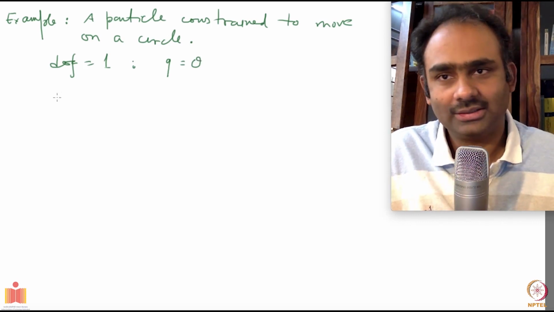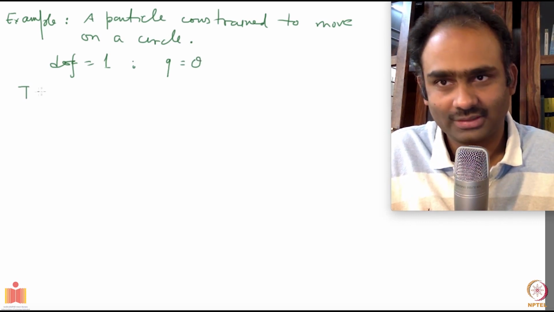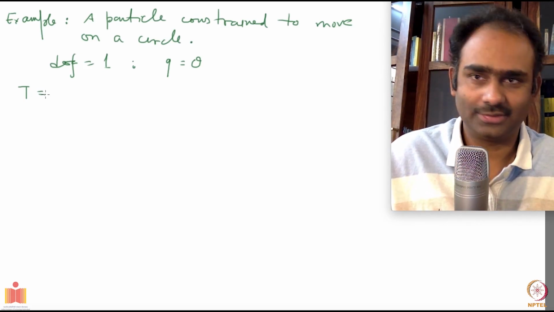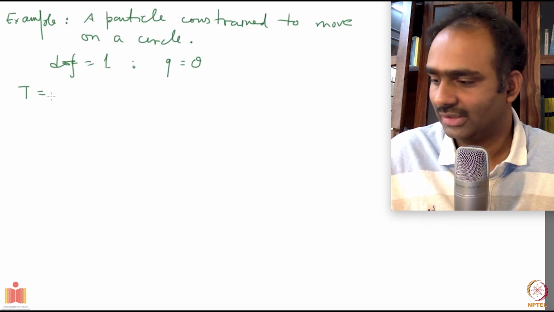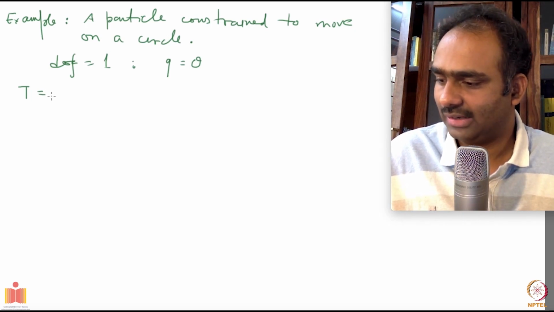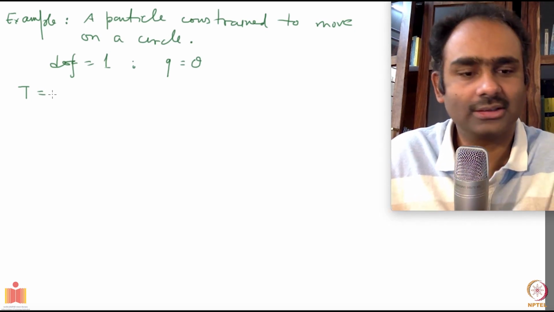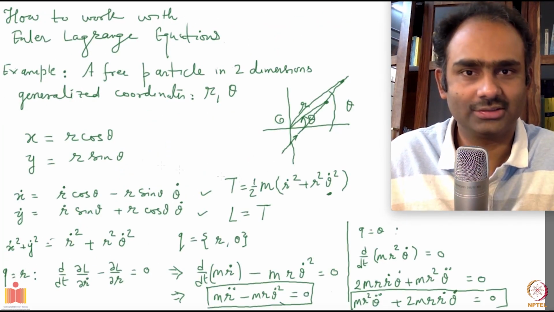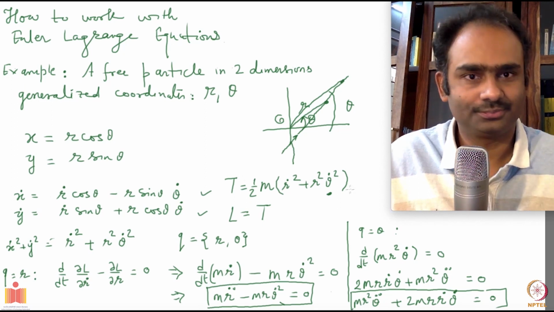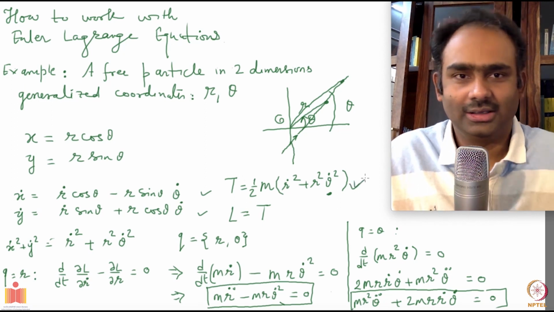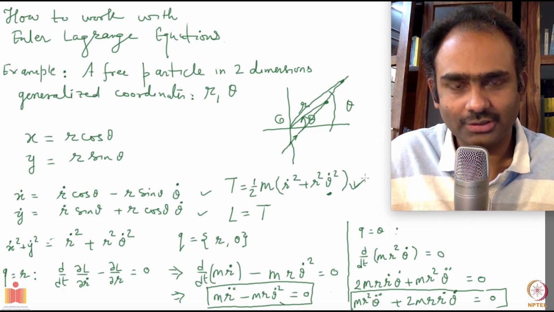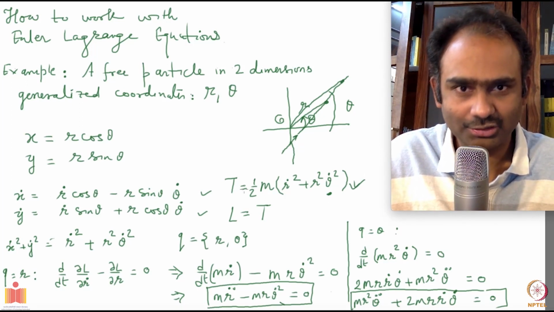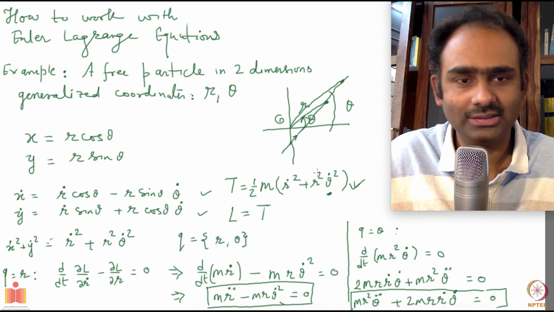We already obtained the kinetic energy in polar coordinates for a particle in the previous example, and I will utilize that one. Now r is fixed, so r dot will be 0, and let's say the value of r is some r naught, so I will get kinetic energy to be half m r naught square theta dot square.